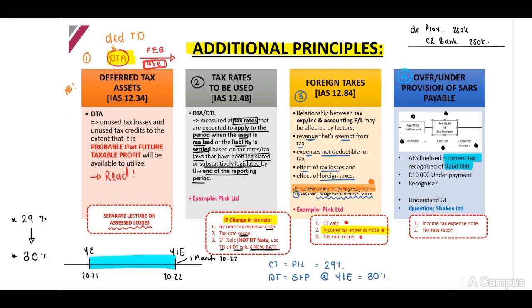But we have only paid 250,000, but we should have paid 260,000. Do you see we have under provided for our tax? This is an under provision of 10,000. Again, this will influence your income tax expense note as well as your tax rate recon, and you can refer to Shakes Limited. There is a similar scenario included.